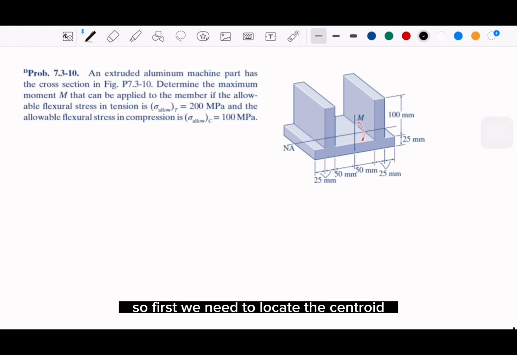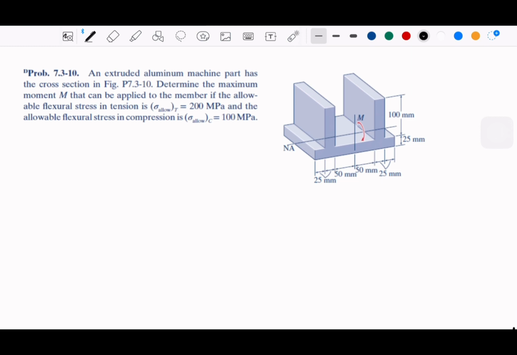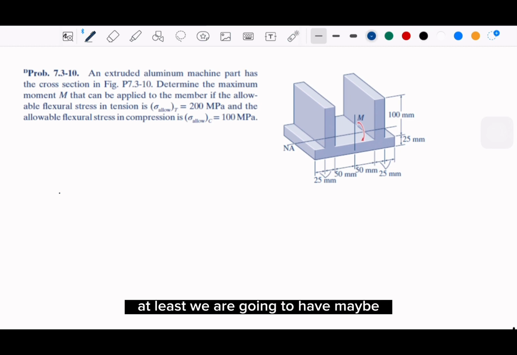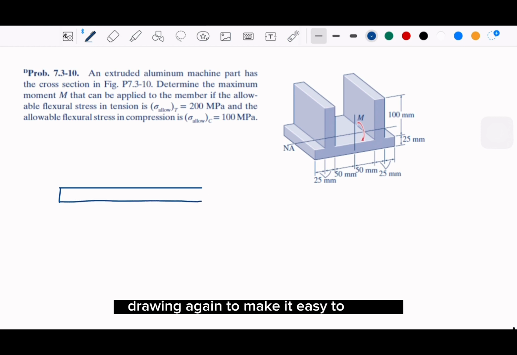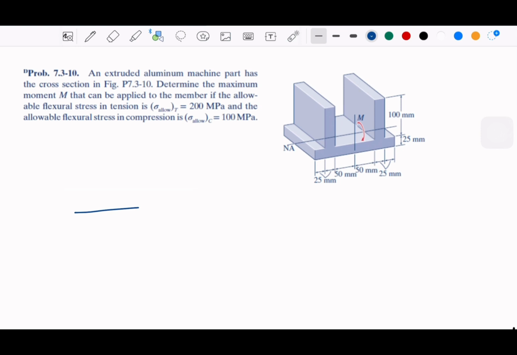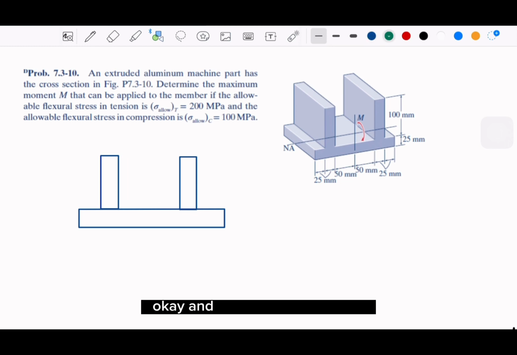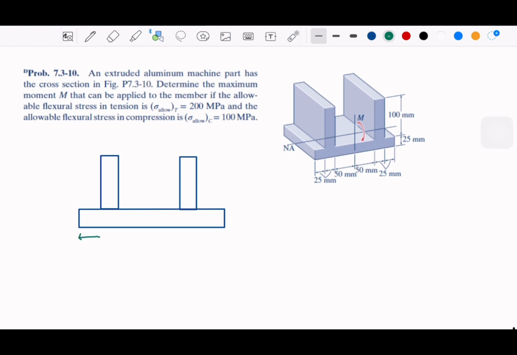So first we need to locate the centroid, the distance. We are going to draw again to make it easy to see. We have this one 25, this one also 25.